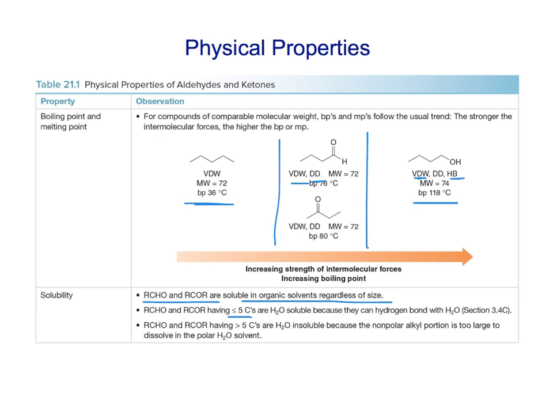So say acetone readily dissolves in water. Okay, but if the alkyl groups get longer than 5 per carbonyl group, then it's the hydrophobic part that dominates its physical properties, and it won't dissolve in water anymore. It will only go in the organic phase. Okay? Same kind of trends we've seen before.